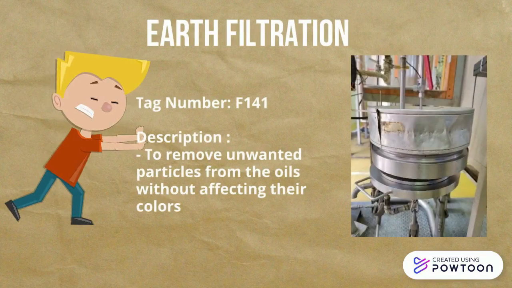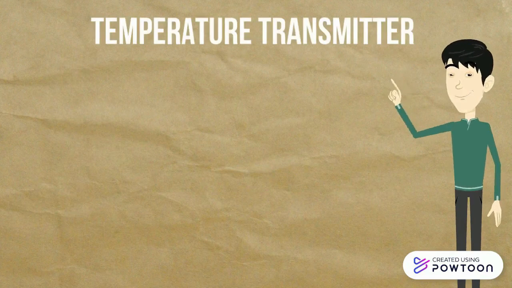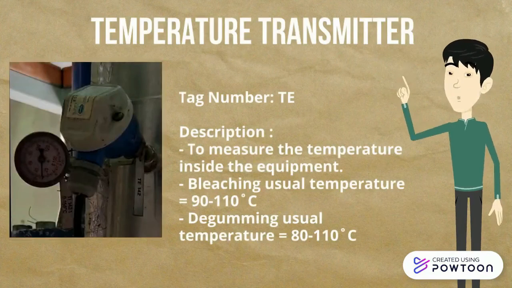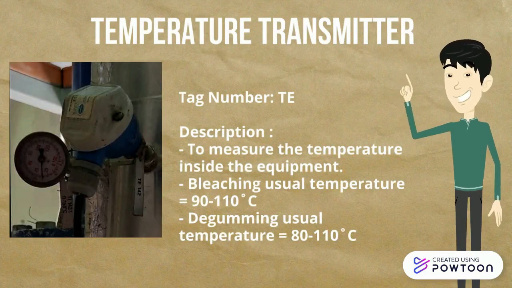It functions to remove the unwanted particles from the oil without affecting its color. Temperature transmitter. It is to measure the temperature inside the equipment. In the lab, the usual bleaching temperature is around 90 to 110 degrees Celsius.